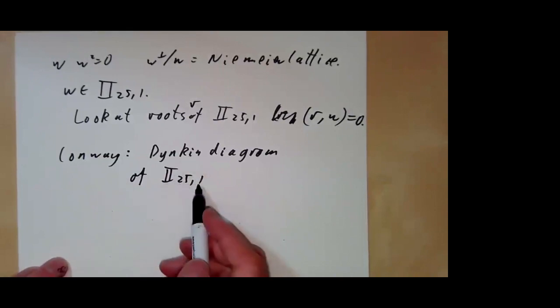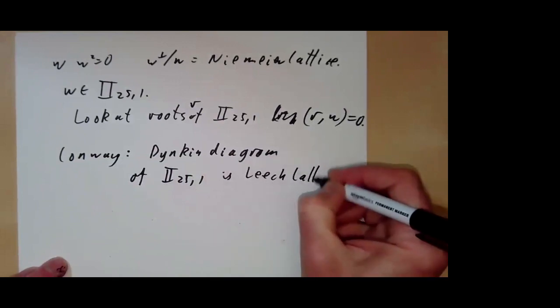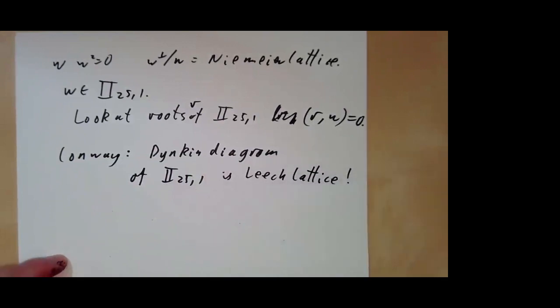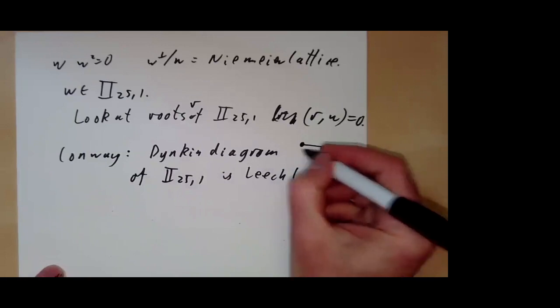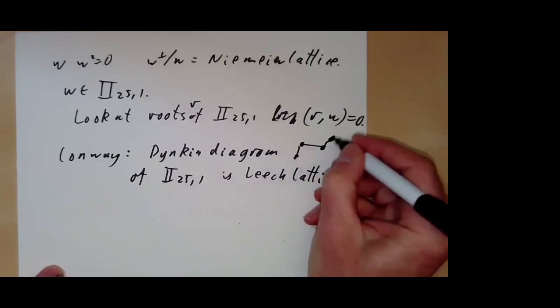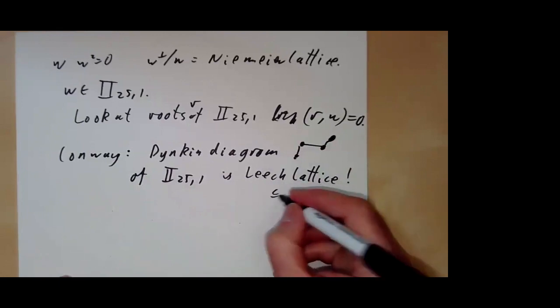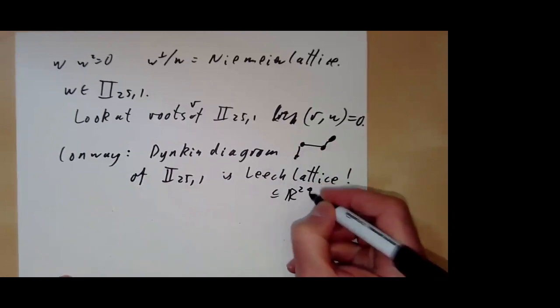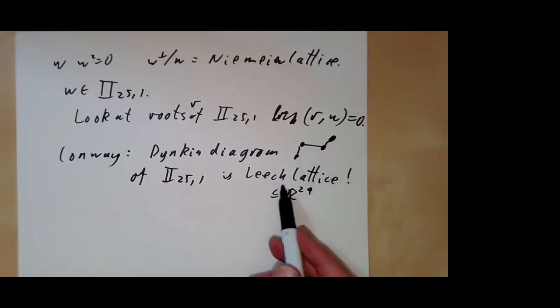The Dynkin diagram of II_{25,1} is the Leech lattice. And this doesn't even seem to make sense at first. I mean, the Dynkin diagram is some sort of diagram like this with lots of points connected by lines and so on. And the Leech lattice is a subset of R^24. So what on earth do you mean by saying that the Dynkin diagram is the Leech lattice?